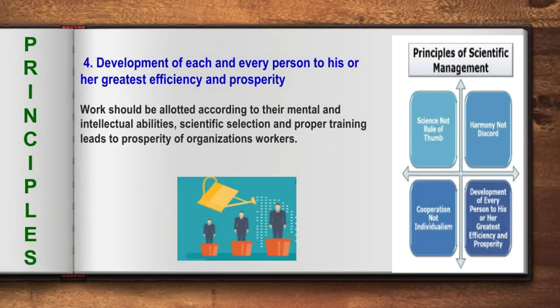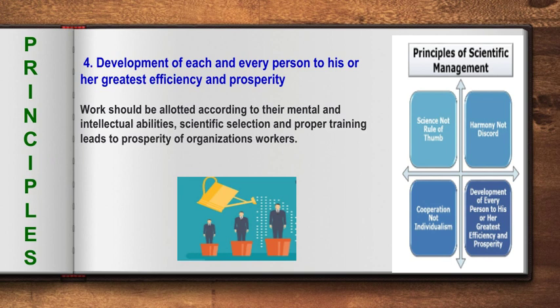The fourth principle is development of every person to his or her greatest efficiency and prosperity. Because no human being is flawless or perfect, and there is always room for development, Taylor thought that employees should be provided with sufficient training for the tasks they perform.